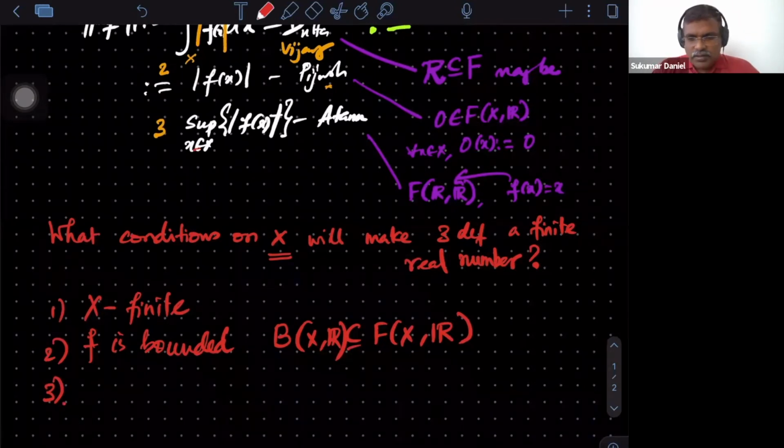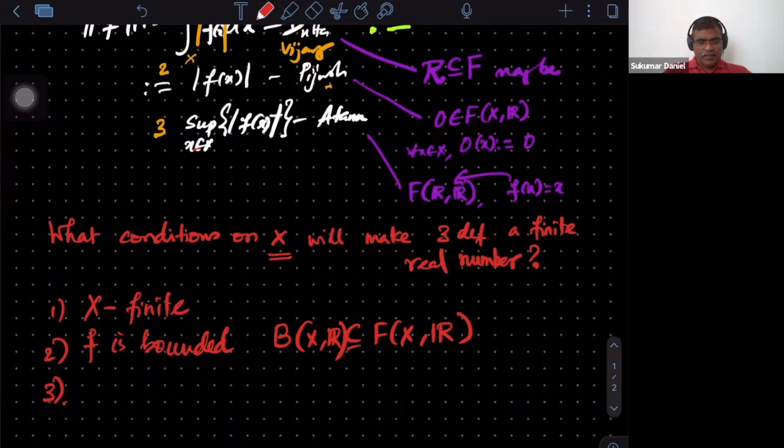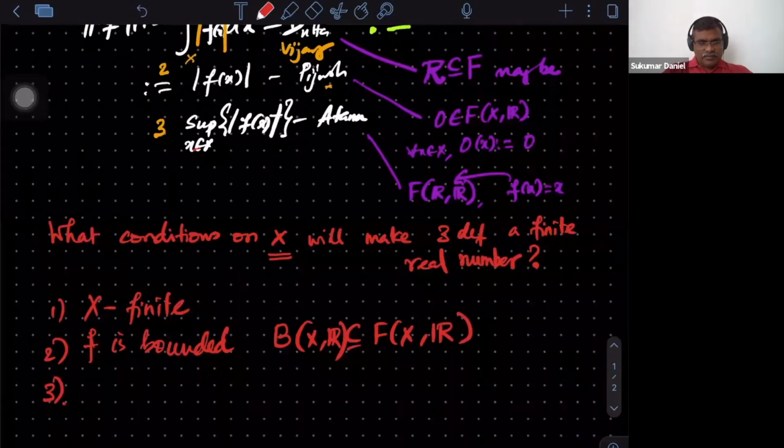Right. What if I consider only the continuous functions? How many of you think it is true? I'm clearing it up. The question is, suppose I consider the function to be only continuous, then does the third definition define a finite number?